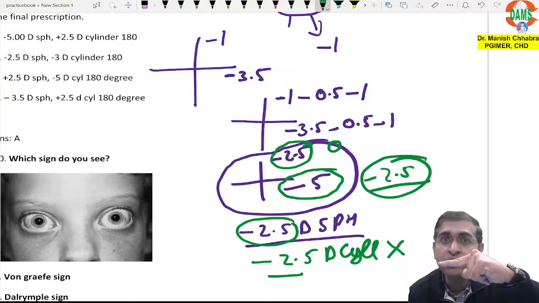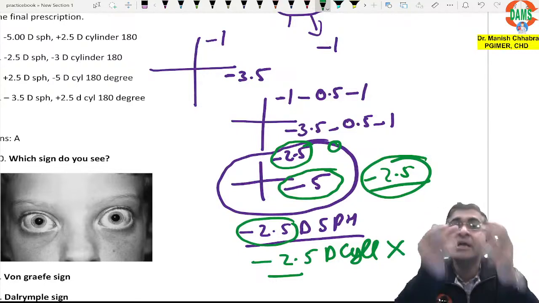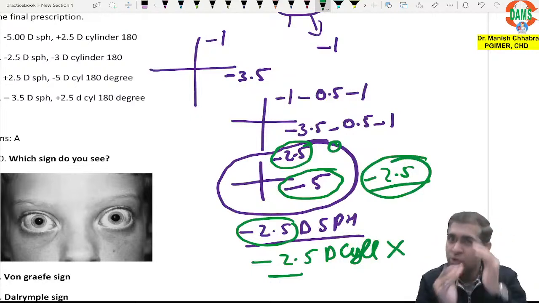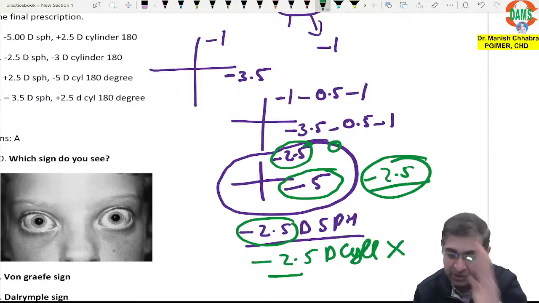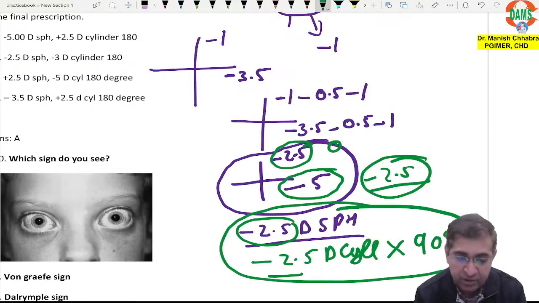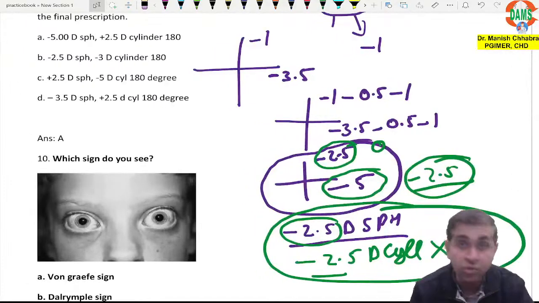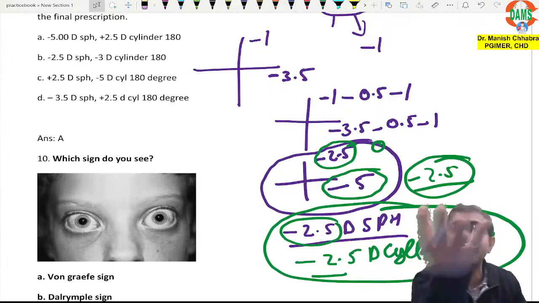So I am going to keep the cylinder at y-axis because cylinders act opposite to the angle of placement. So if I want the power at 180 degree, I'll place the cylinder at 90 degree. So this is my one equation. Now if this equation is present in the options... no, this equation is not there in the options. Let's go on to the second equation.